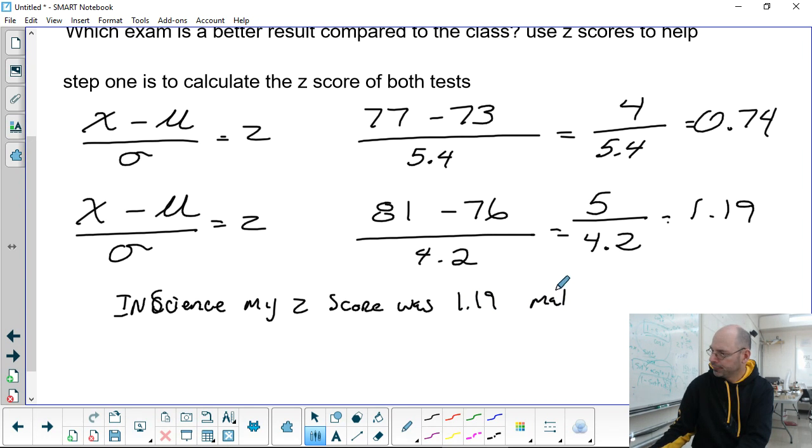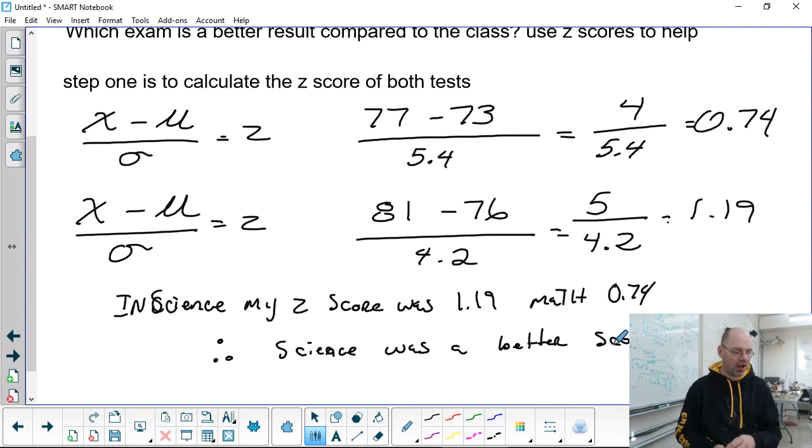Math was 0.74. Therefore, science was a better score, because it's a higher z-score.